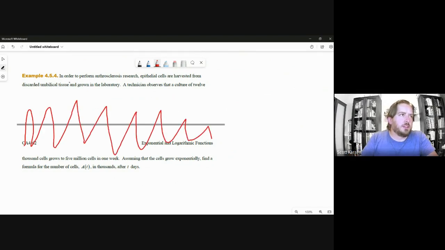In order to perform atherosclerosis research, epithelial cells are harvested from the discarded umbilical tissue and grown in the laboratory. A technician observes that a culture of 12,000 cells grows to 5 million cells in 1 week, right? So I'm just going to note some things as I'm reading this. We started with 12,000. It grew to 5 million. So 5 million is the amount after 12 weeks.